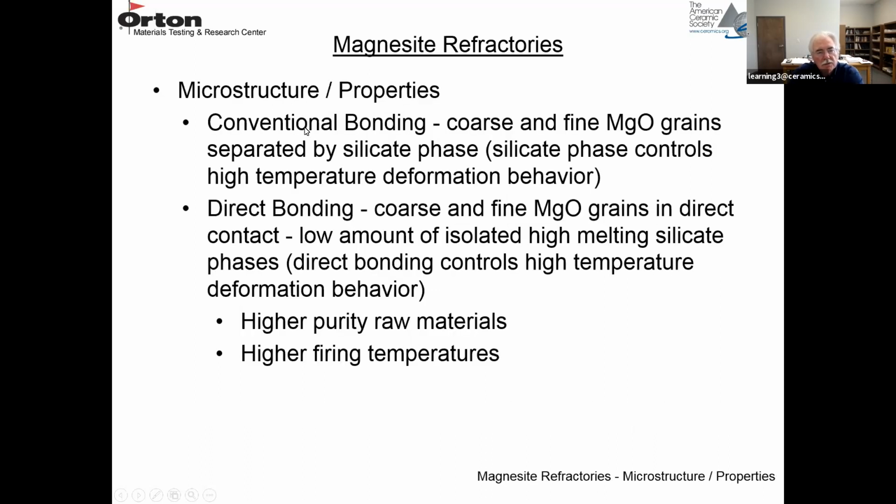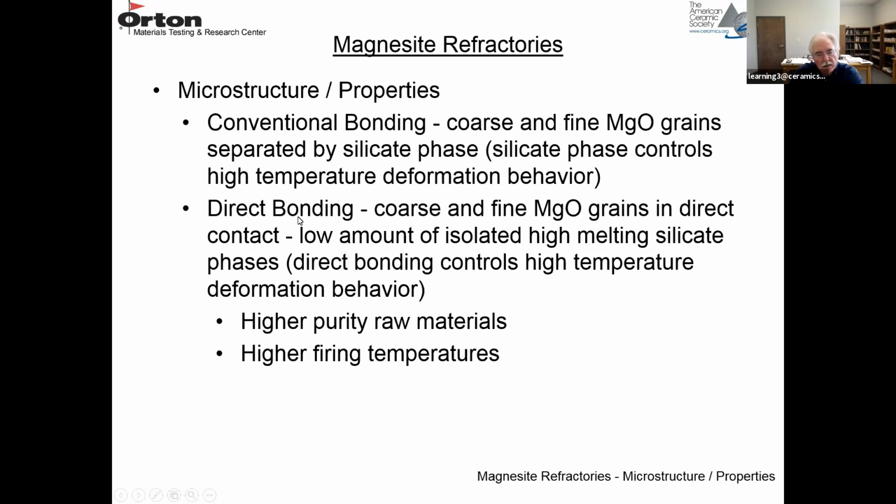So microstructure and properties. If it's a conventional bonded MgO, you have coarse and fine grain MgO particles separated by a silicate phase. So the silicate phase is now what's going to control the high temperature strength and creep behavior.